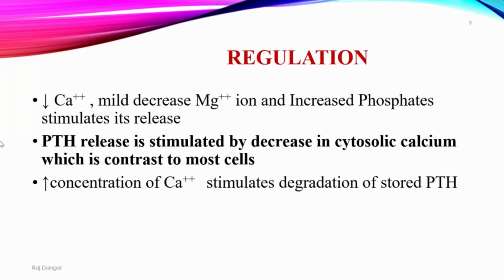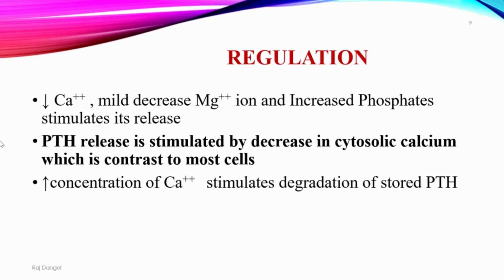Regarding regulation, as we discussed, the main compound which regulates the synthesis and secretion of parathyroid hormone is calcium. A decreased level in the circulation stimulates the synthesis and secretion of parathyroid hormone from the parathyroid gland.